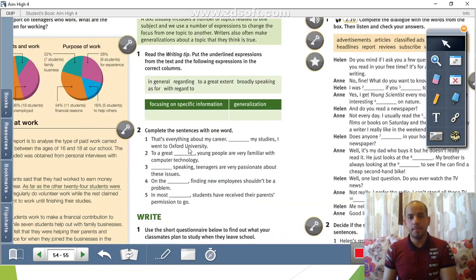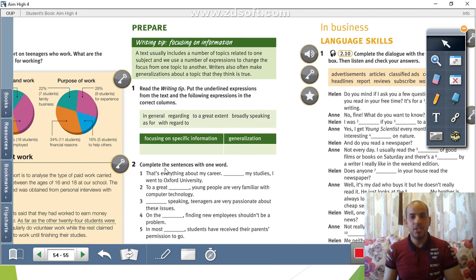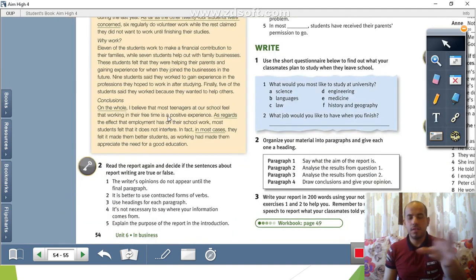Now here, also, what I want from you is to read number 1 here and tell me which expressions are used to focus on a specific information and which are used to make a generalization.